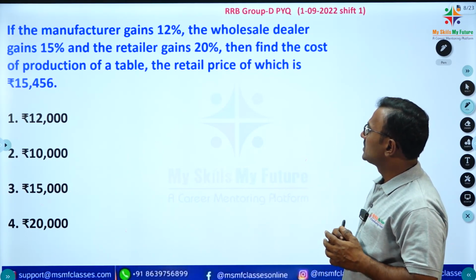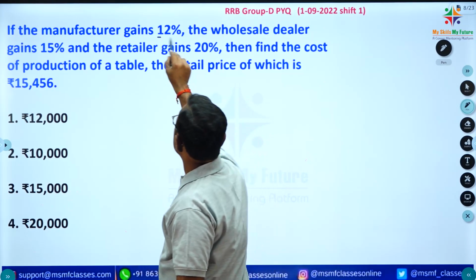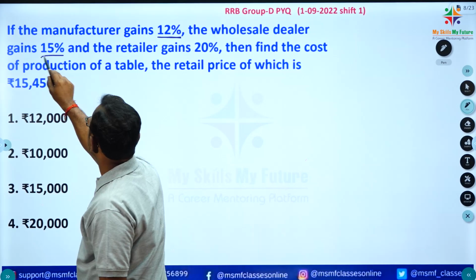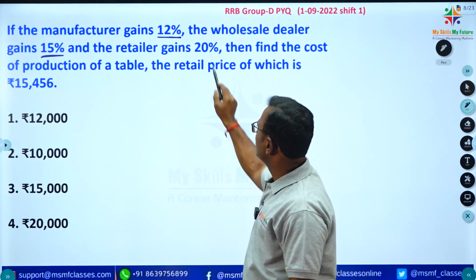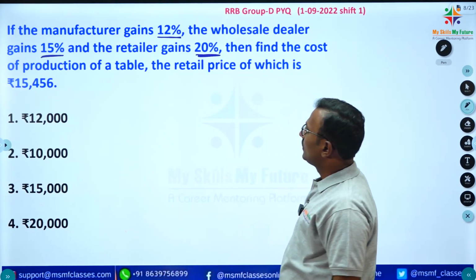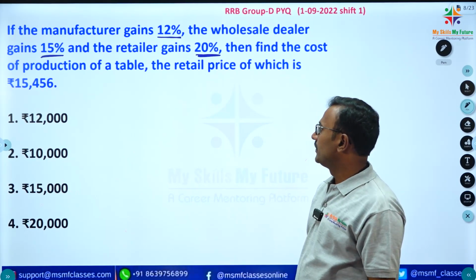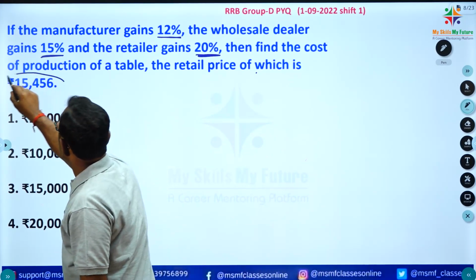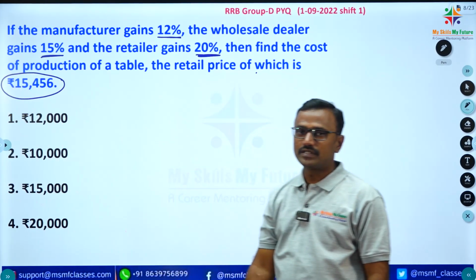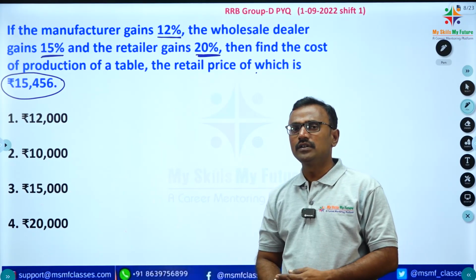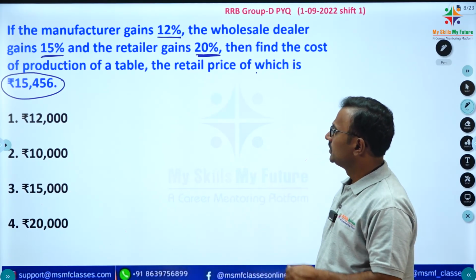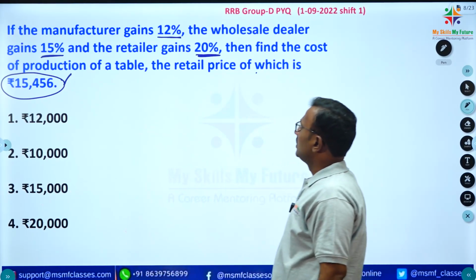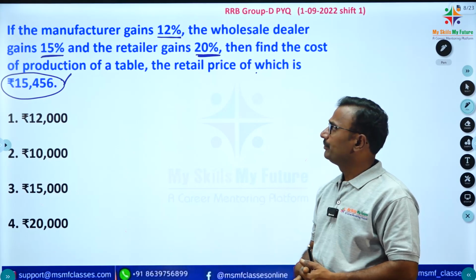If the manufacturer gains 12%, the wholesale dealer gains 15% and the retailer gains 20%, then find the cost of production of a table, the retail price of which is 15,456. This is the retail price of the table.